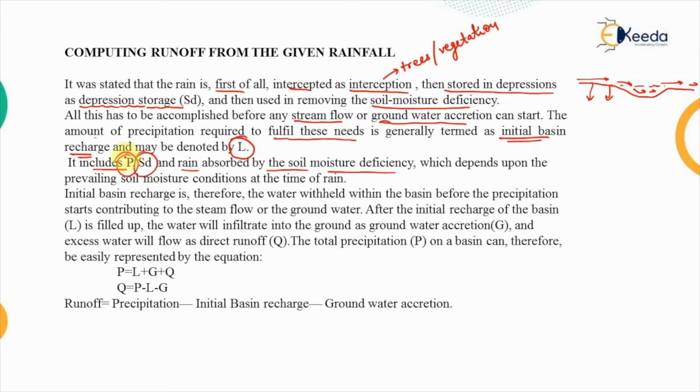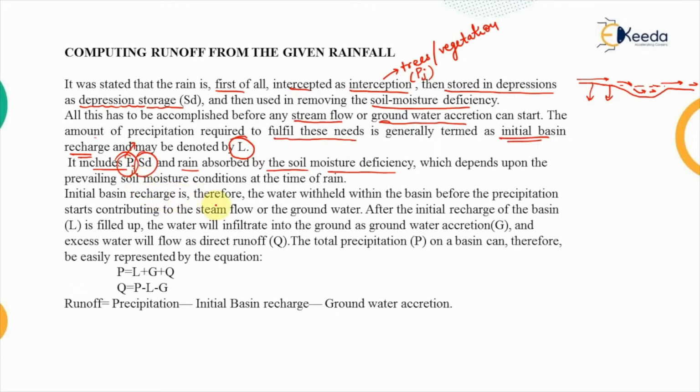Now what is this P? That is usually represented for the interception, and the more suitable denomination will be the PJ. Then SD is the depression storage and the rest is the soil moisture deficiency.